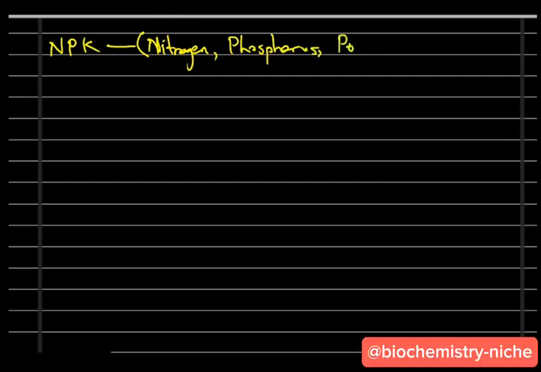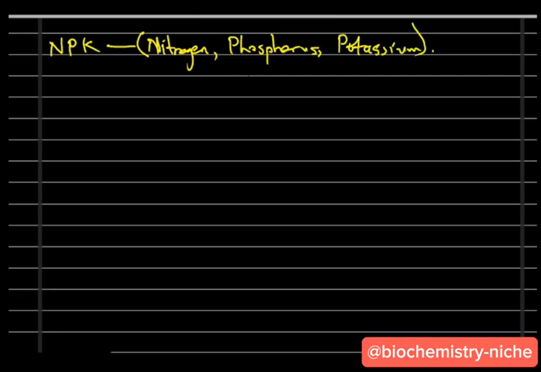And that is why plants are given that particular fertilizer, because they need these materials in large quantity. So we have NPK: nitrogen, we have phosphorus, we have potassium.